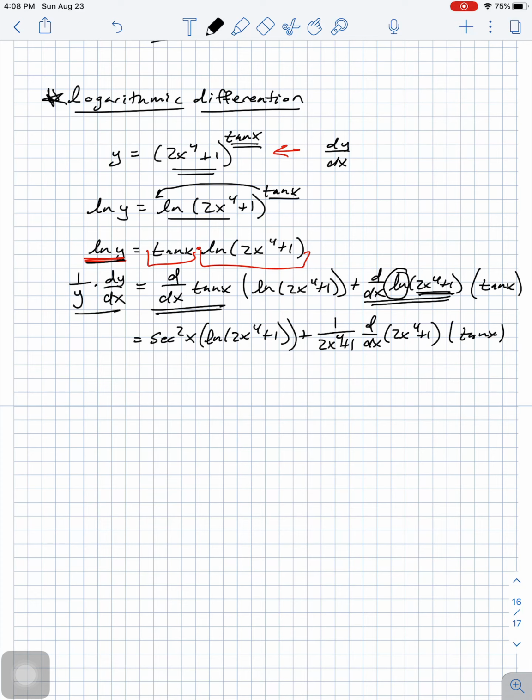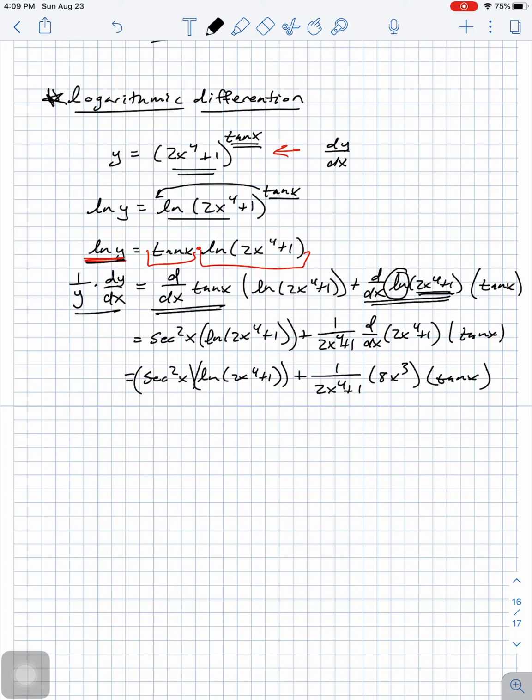Okay, times our tangent x. So one last derivative, ln of 2x to the fourth plus 1. 1 over 2x to the fourth plus 1 times, this is going to be 8x cubed, and then you got your tangent x.